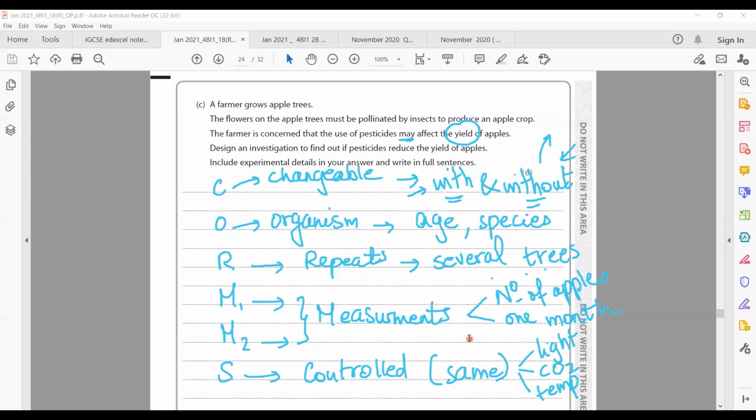And then repeat the experiment several times for more reliable results. And this experiment should have controlled variables like the same CO2 levels and temperature, and same light intensity. Very good. Very good يا جماعه.